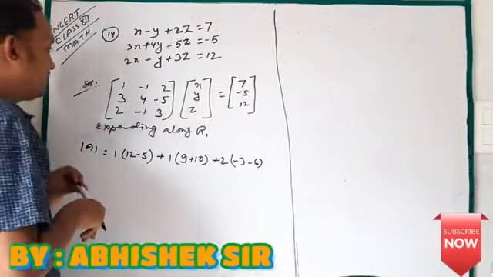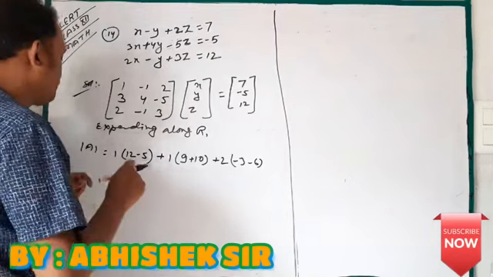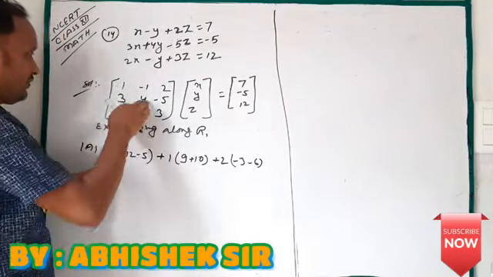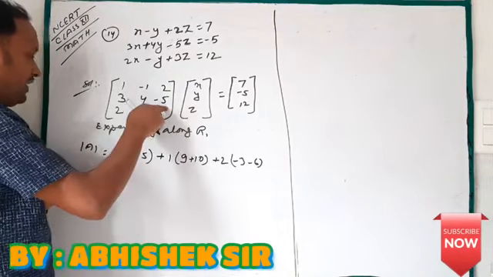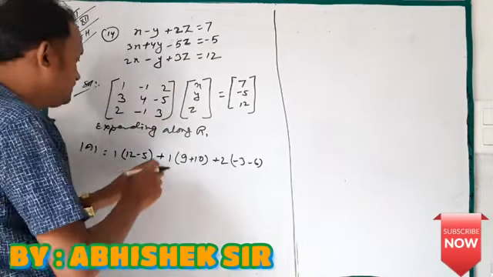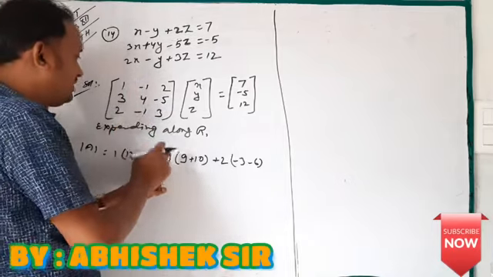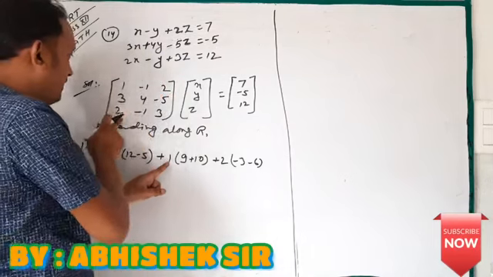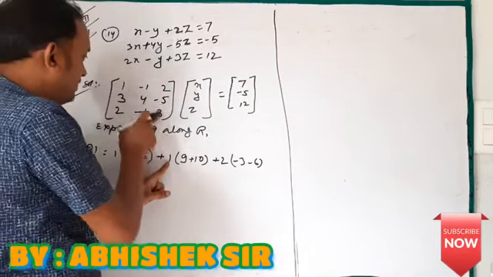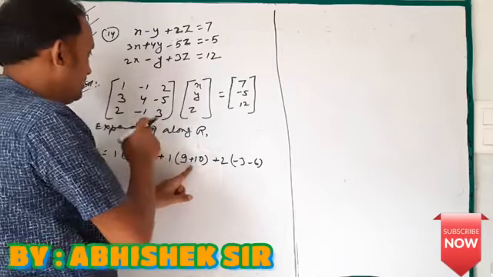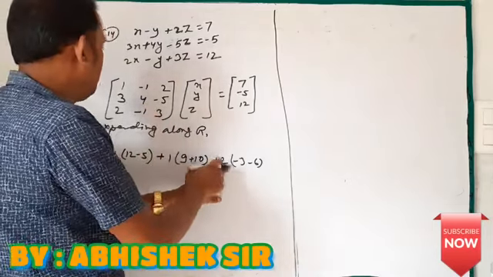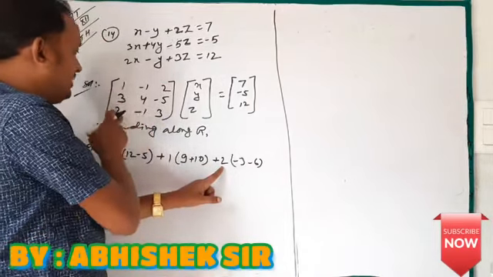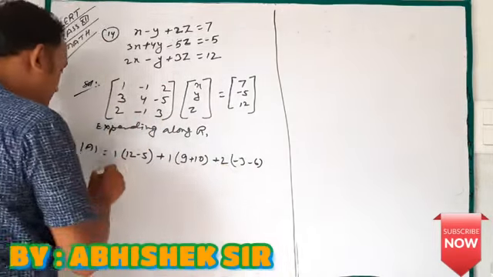Now check it once again. 1, first row, first column: 4 3 is 12, 5 1 is 5, minus 5, that's right. Minus minus plus 1. First row, second column: 3 3 is 9, 5 2 is 10, minus 10, minus minus plus 10. Yes. Plus 2, first row, third column: minus 3, minus 6, minus 9.